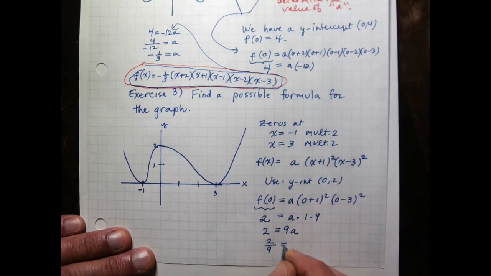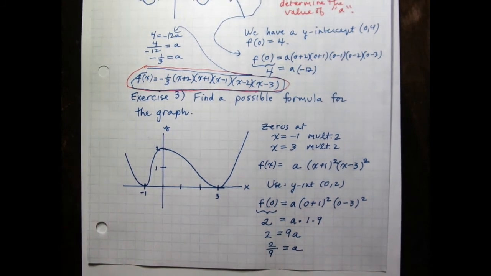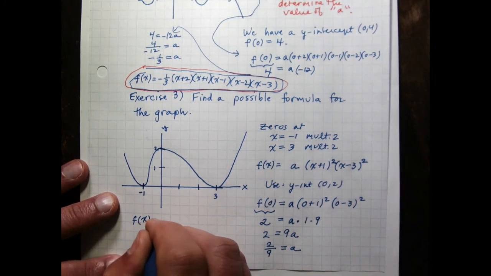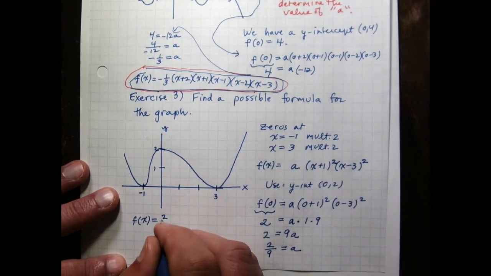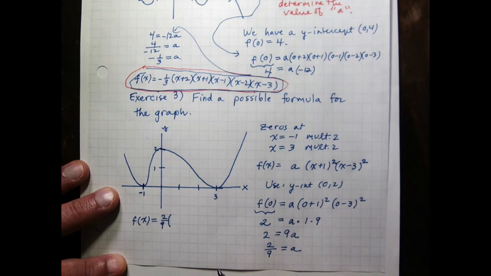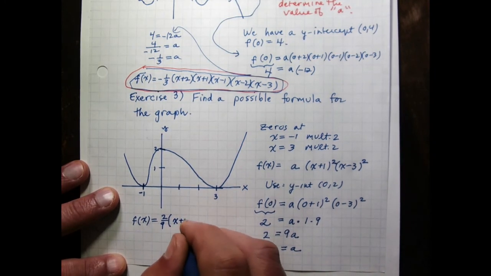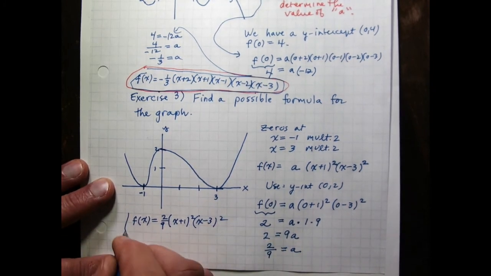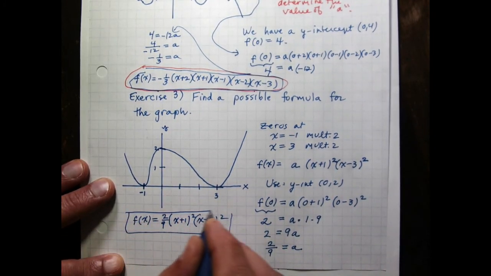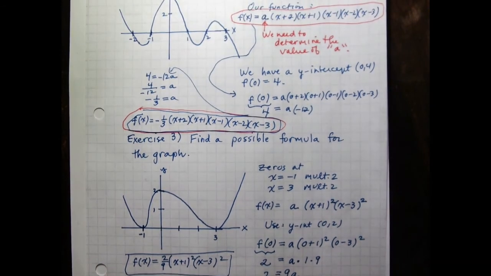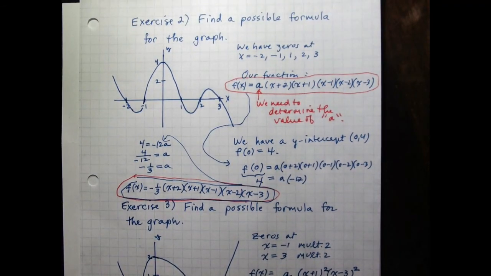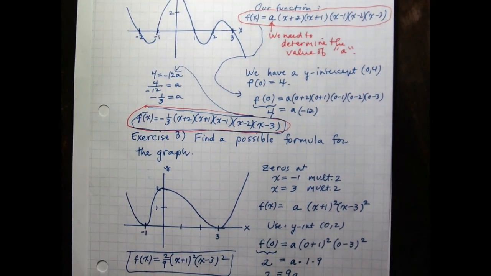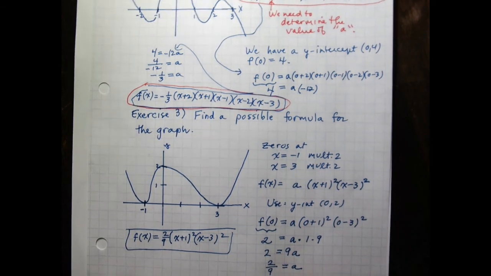So 2/9 is A. And I think I got my formula for this one. f of x is equal to 2/9 times x plus 1 squared times x minus 3 squared. Okay, and so there was our first problem, exercise 2 for this section, with the answer kind of squeezed in there, and exercise 3 with its answer.